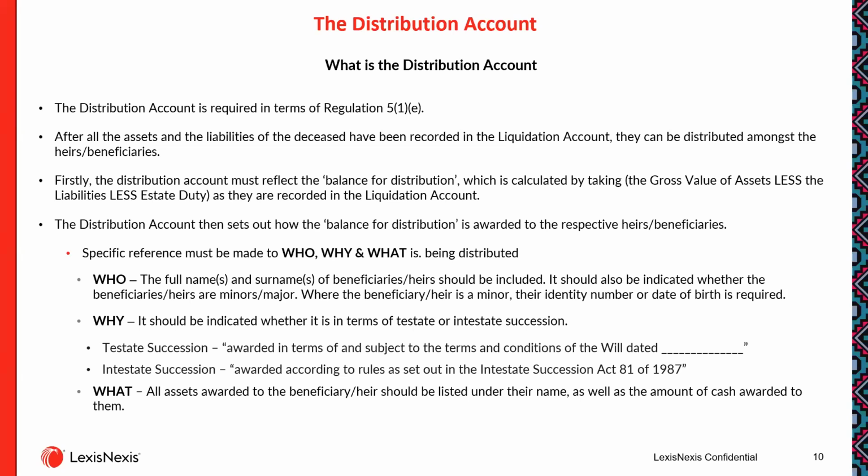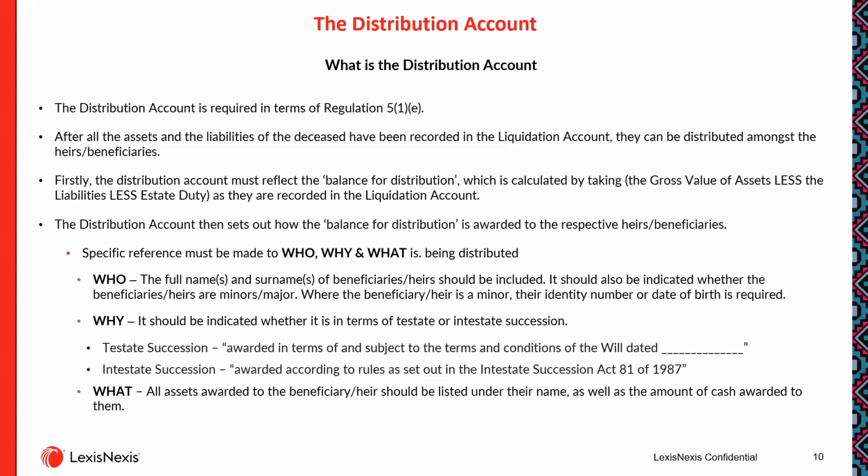And where there is no will, we need to include that it is in terms of the Intestate Succession Act. And we can also include the reference to that specific section in the Intestate Succession Act. So at the bottom there, underneath why, you'll see I've just given you an example of what that wording would look like.